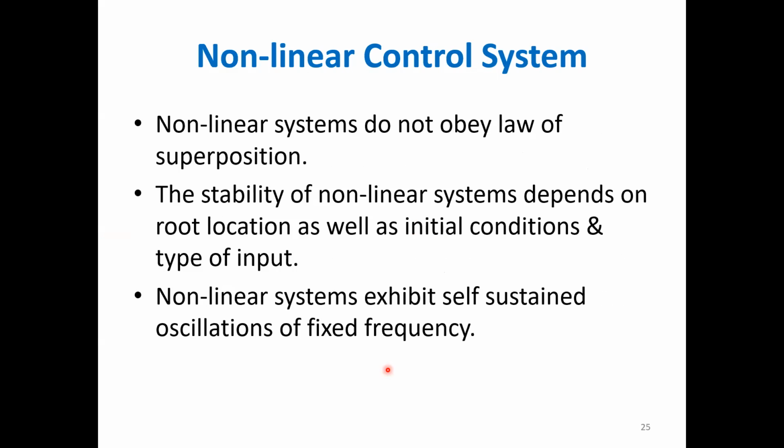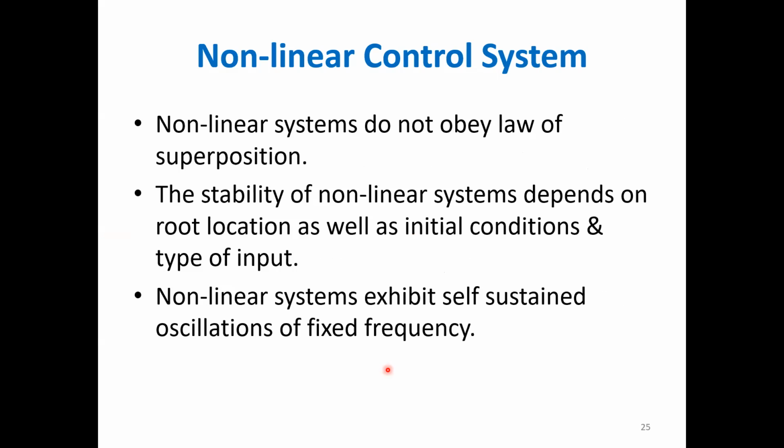And what is the nonlinear system? Nonlinear systems do not obey the law of superposition. As simple as that. The stability of the nonlinear system depends on root location as well as initial conditions of input. A nonlinear system exhibits self-sustained oscillations of fixed frequency.